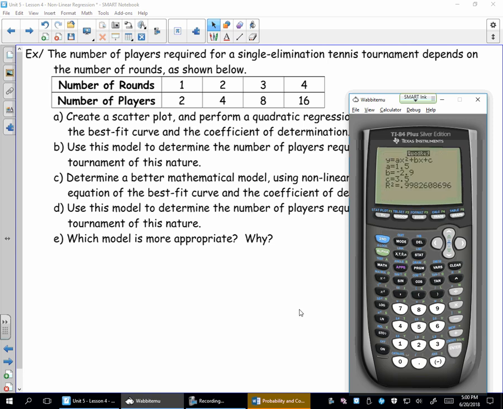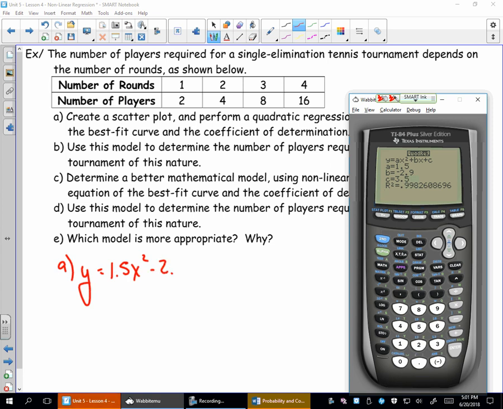And our line of best fit, or sorry, our curve of best fit: y equals 1.5 x squared minus 2.9x plus 3.5. And determination coefficient would be pretty good there, 0.998.